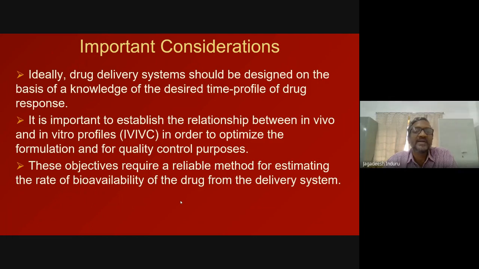Techniques are developed to remove samples outside and test them for the quantities of certain responses present, and we correlate with that to see how it reached the particular site.